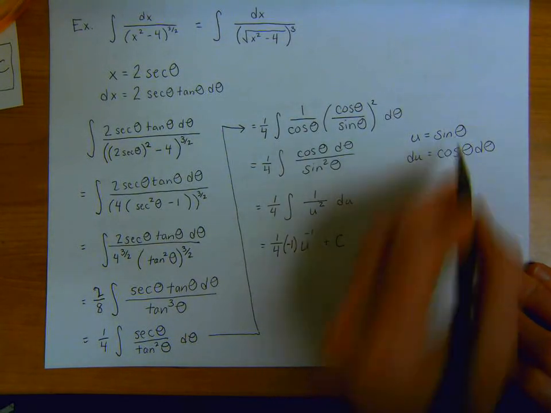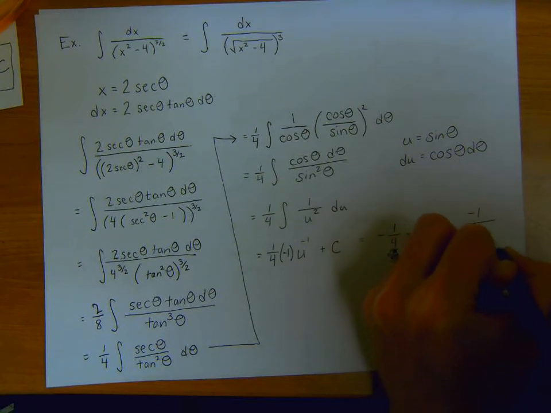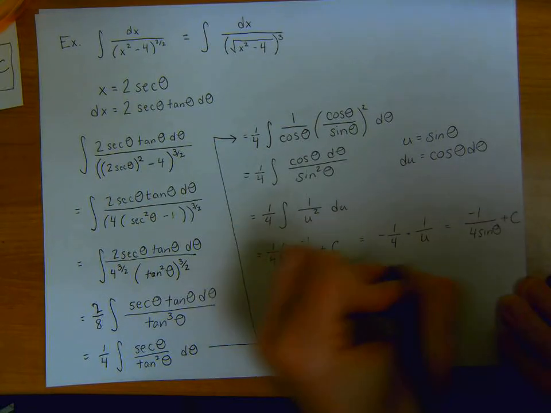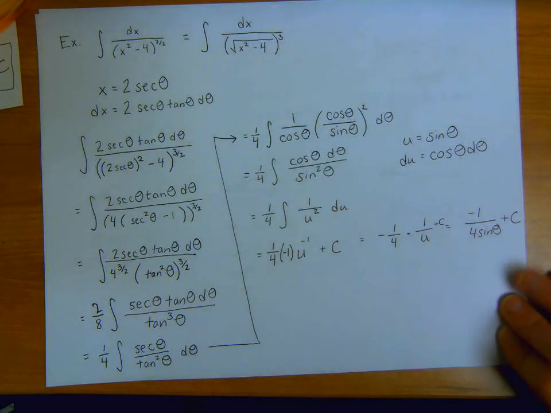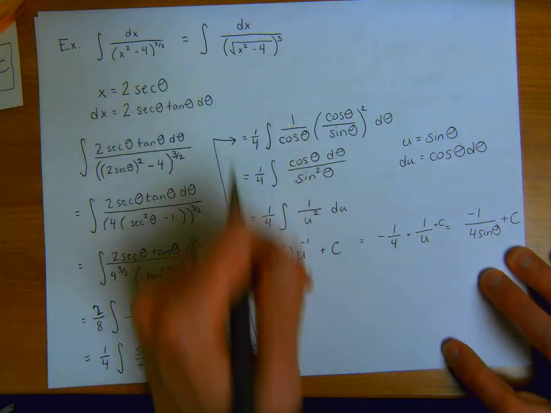Well, what was u? U was sine of theta, so this becomes negative 1 over 4 sine of theta. Whoops, and I dropped my plus c. Plus c. Hooray! So we did our substitution so that we were able to integrate.